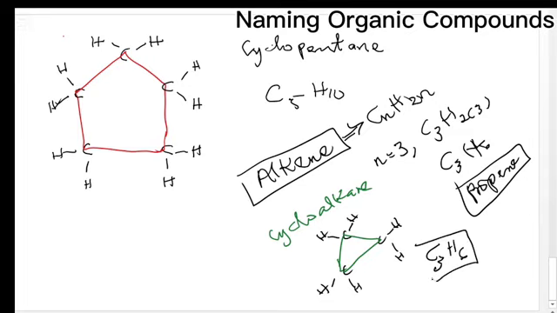So the molecular formula for cyclopropane, right, which is C3H6, is the same as that of what? Propene. Despite the fact that they don't have the same functional group. One is an alkane and one is an alkene. But because it's a cycloalkane, it generally has the same molecular formula as the straight chain or normal alkene compounds.